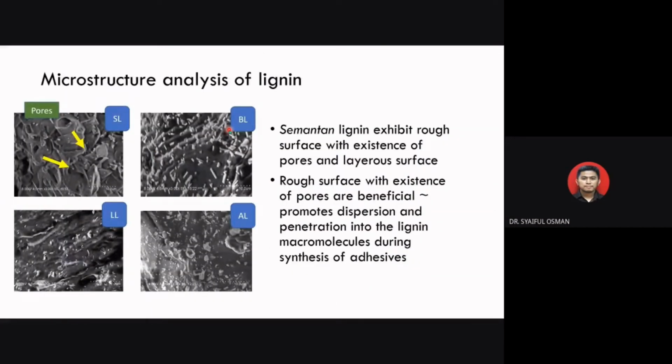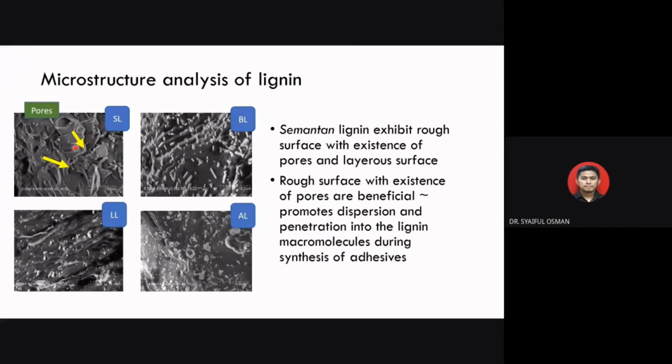And here we have the microstructure analysis of lignin at 3000 times magnification. Here we can see that all the lignin specimens exhibit a little bit of difference in microstructure compared to the other bamboo lignin. The lignin that we get from semantan bamboo here, SL, is the lignin that we obtained from semantan bamboo.